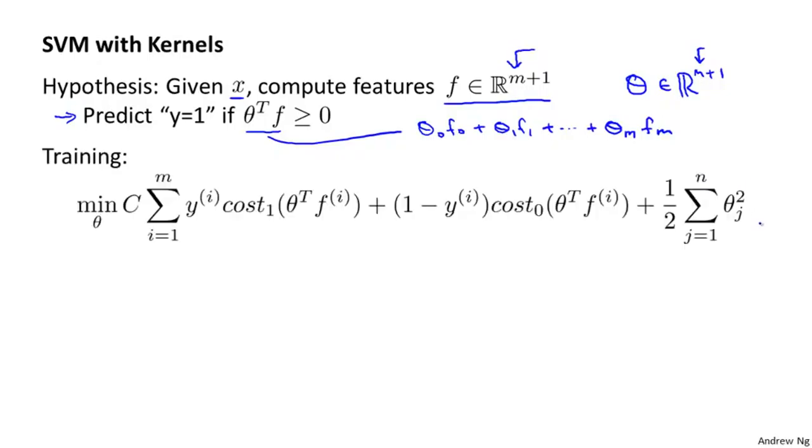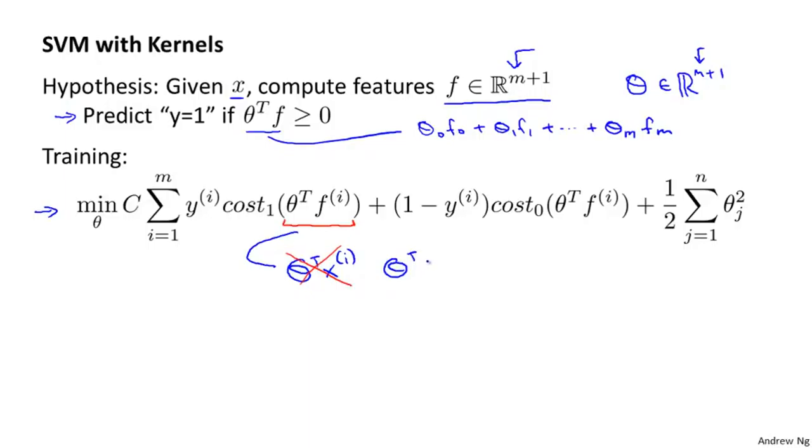How do you get the parameters theta? Well, you do that using the SVM learning algorithm. Specifically, you solve this minimization problem. You minimize over the parameters theta C times this cost function, which we had before. Only now, instead of making predictions using theta transpose xi, using our original features xi, we've taken the features xi and replaced them with the new features.